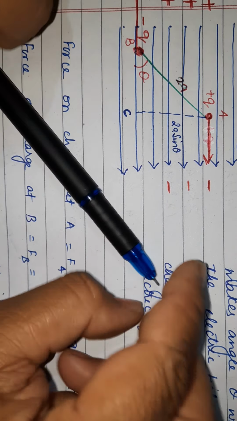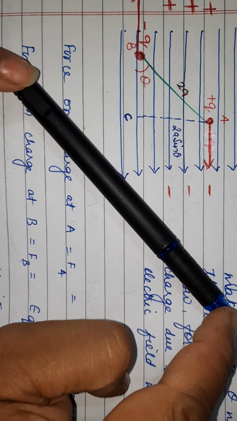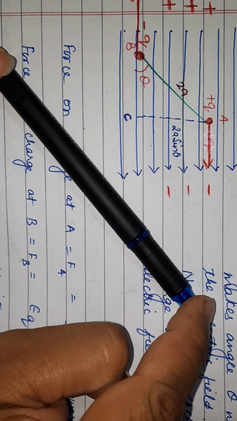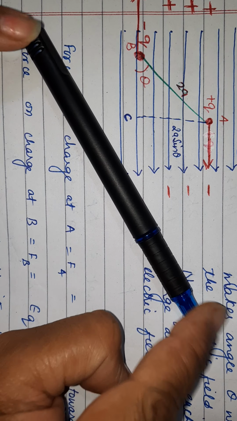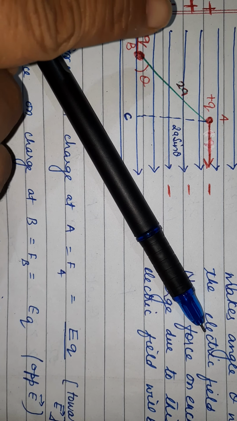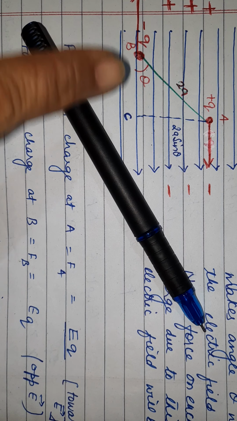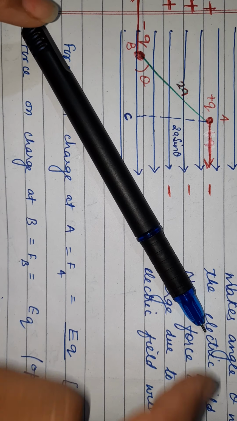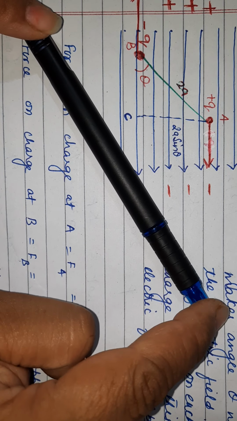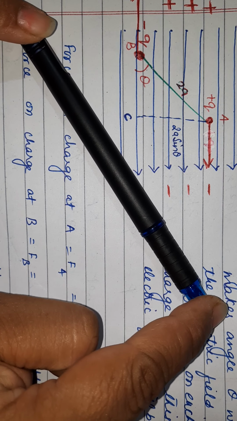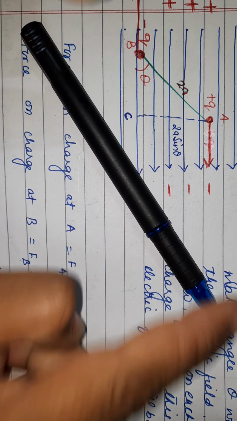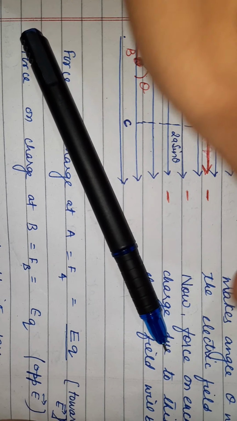So suppose that this is a dipole, and at this position plus Q is there, and at this position minus Q is there. So these lines of electric field are starting from positive to negative. The force experienced by a charge at this point is along this direction, so it tries to hit it like this.